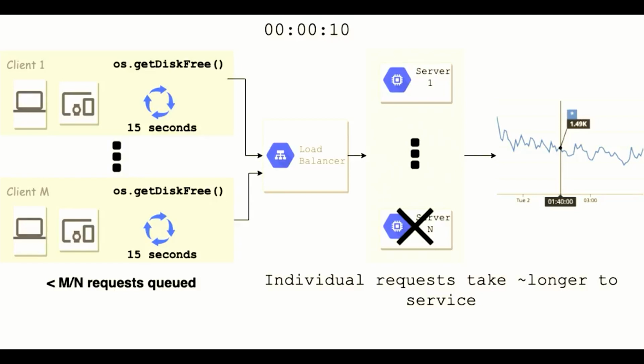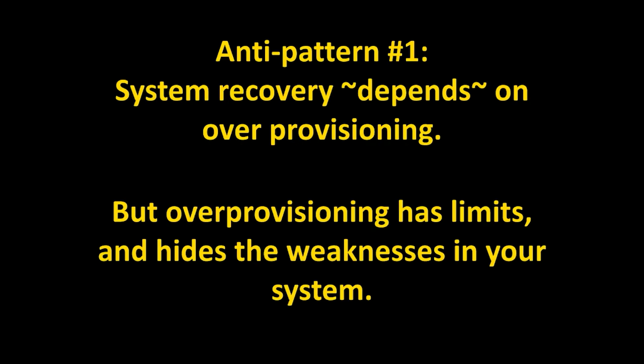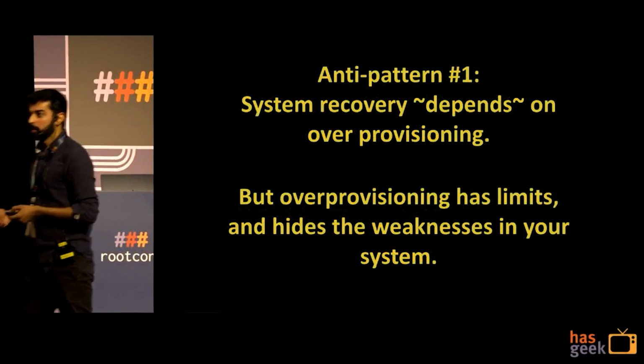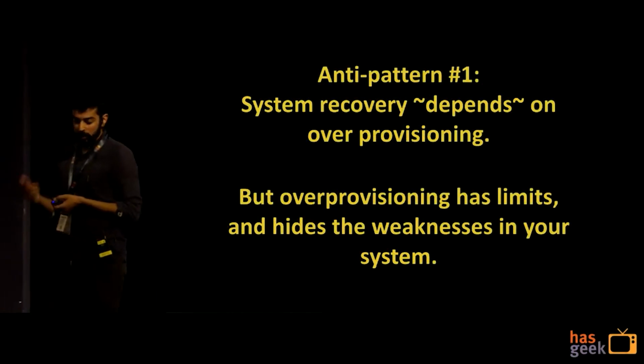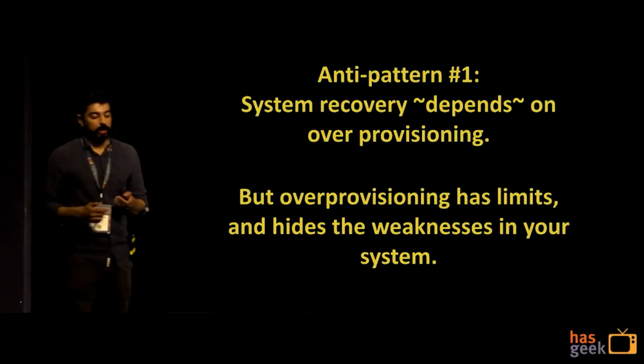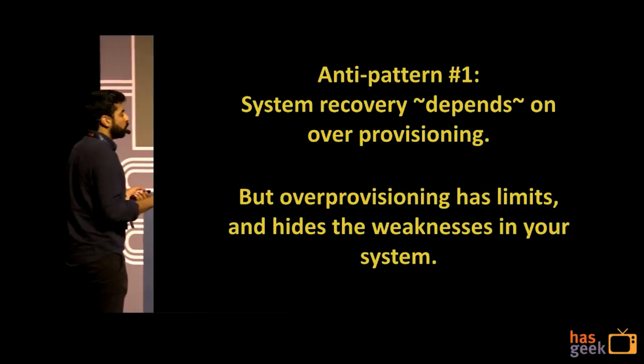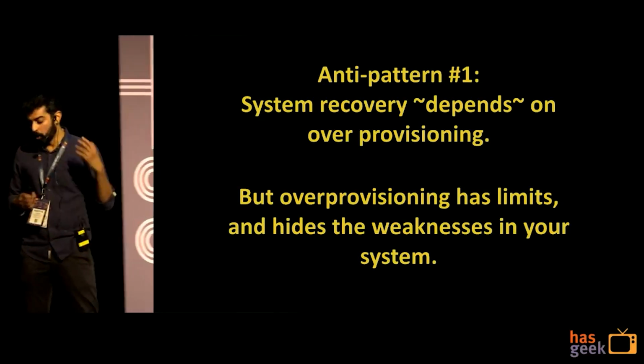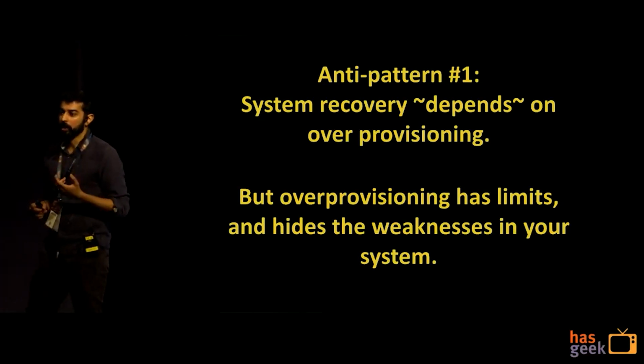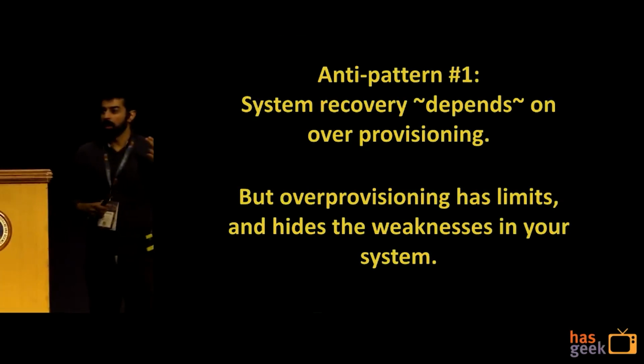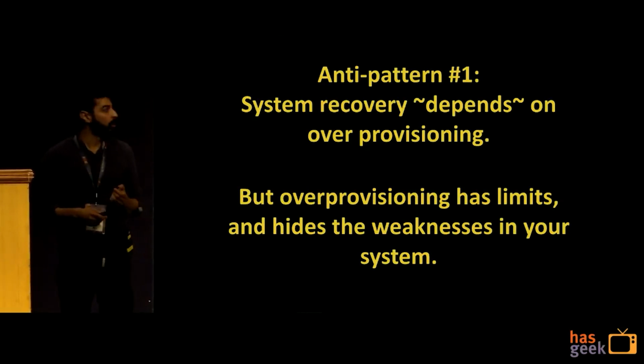But over-provisioning itself, to me, is a bit of an anti-pattern, and this is a controversial take because it's a very popular way to solve these problems. But one distinct anti-pattern that I've seen is people using over-provisioning as the sole means of guaranteeing system recovery from these instantaneous deviations in throughput or in load.